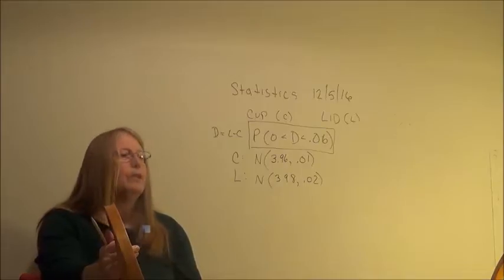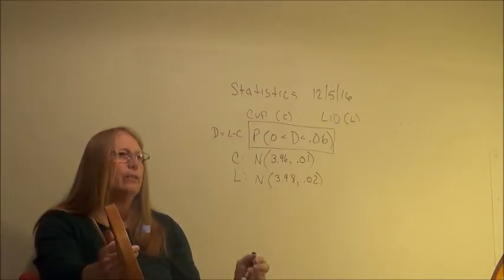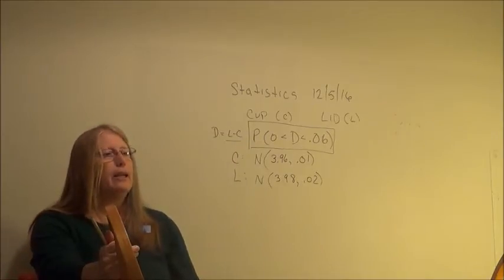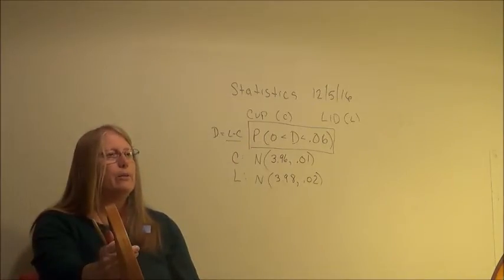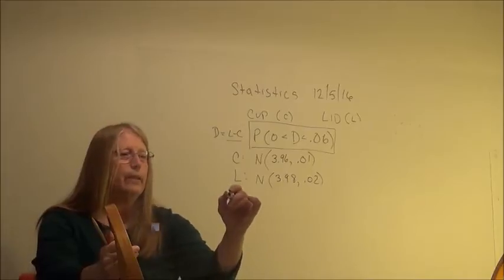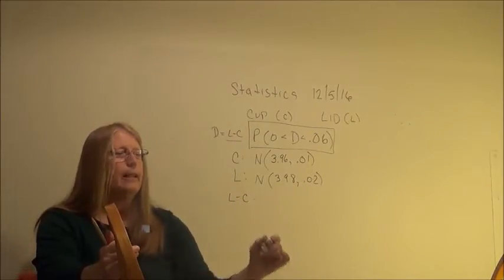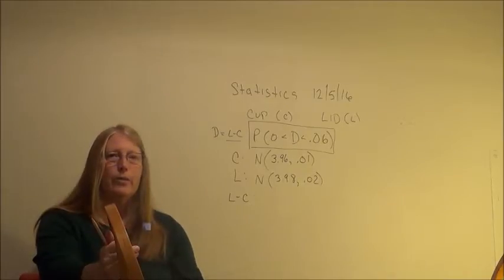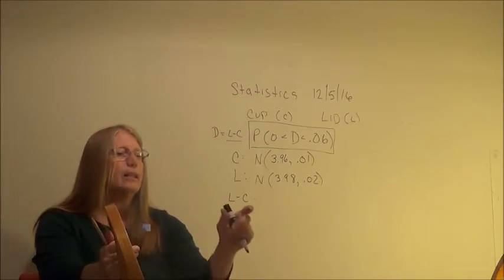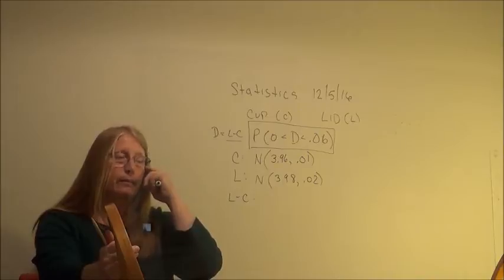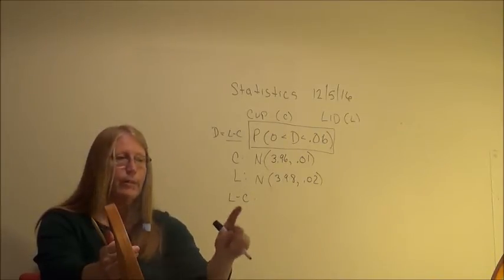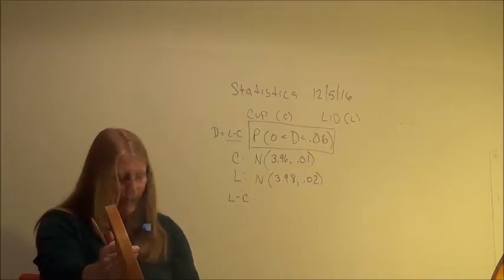Alright, so to do that, we have to look at lid minus cup. So lid minus cup is going to be a difference of two random variables. But we know from our discussion that when we combine two normal curves, we get a normal curve, and that works for addition and for subtraction.